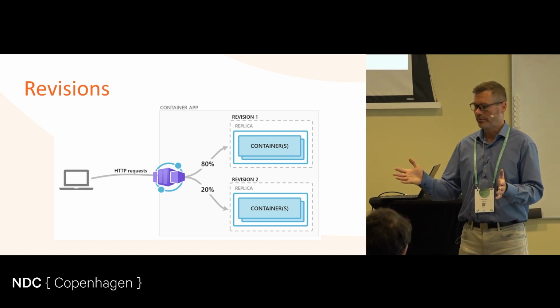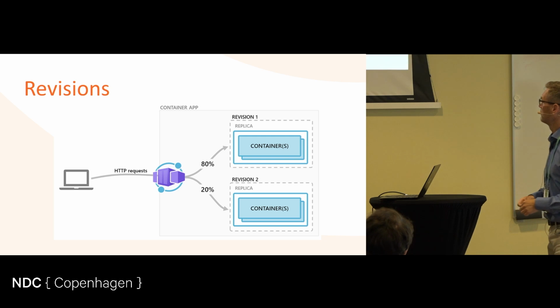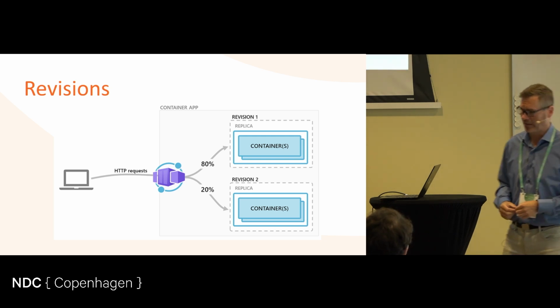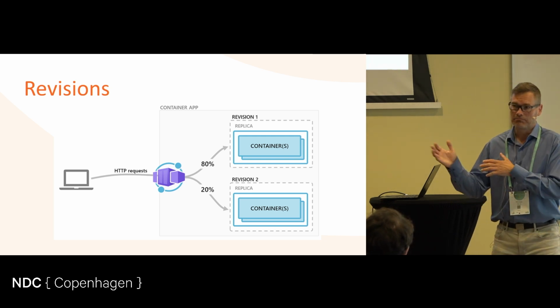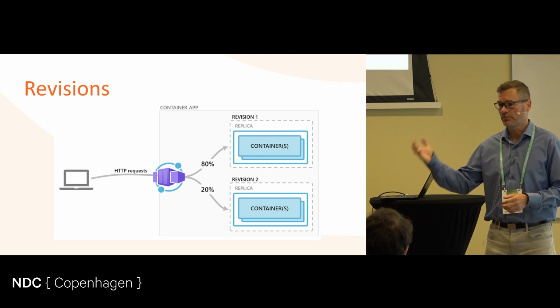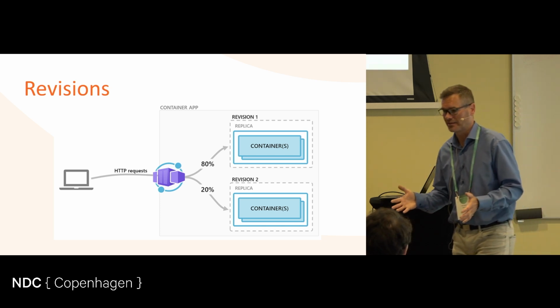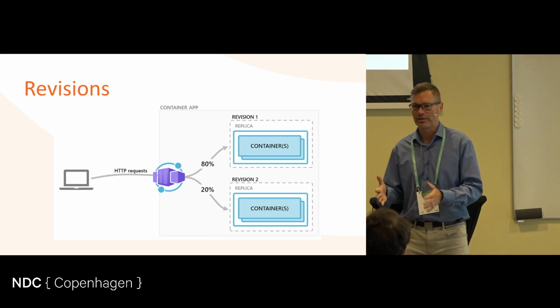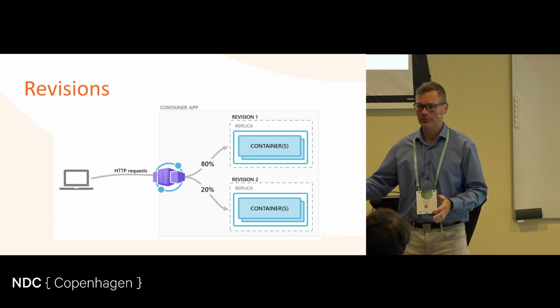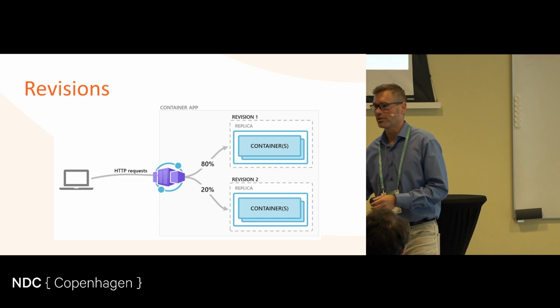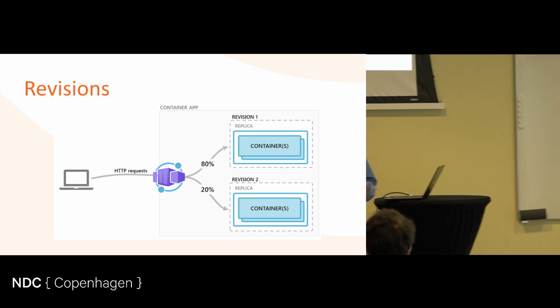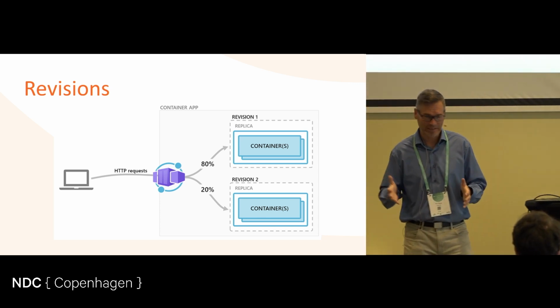And that's all you do basically. And then you can say 20/80, or you can do A/B testing or gradual deployment, which is quite nice. And you don't get this in Kubernetes or in AKS. You have to do it yourself. So you're self-responsible for making this happen. But here in Azure Container Apps, you get this out of the box.